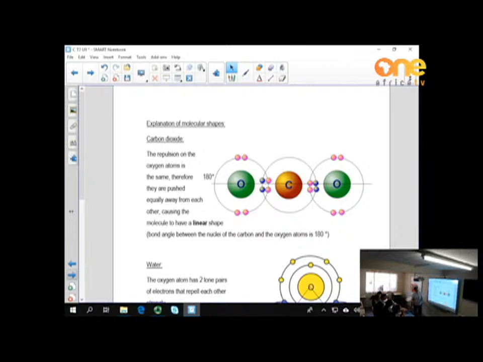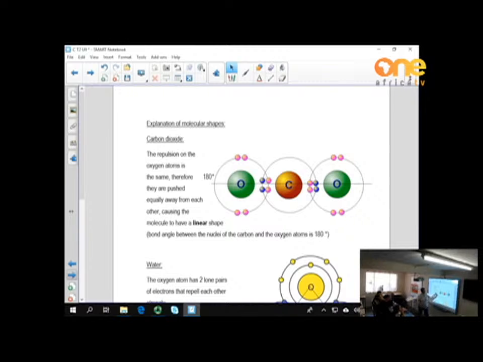Okay. Now, what is important is that carbon forms the center atom. We have two bonding pairs there, two bonding pairs there, no lone pairs. We will find that the repulsion on both sides of the center atom is the same.